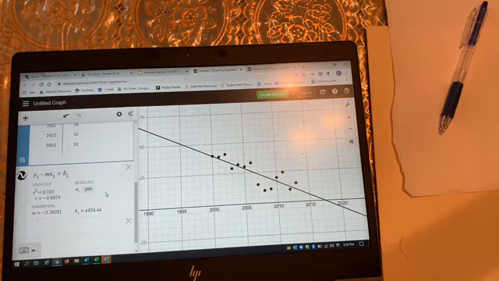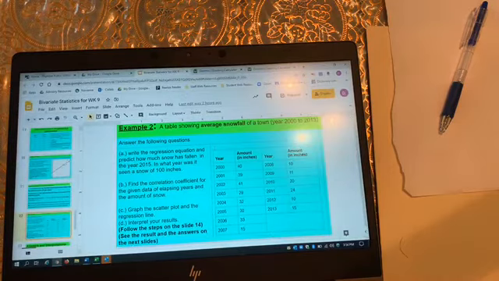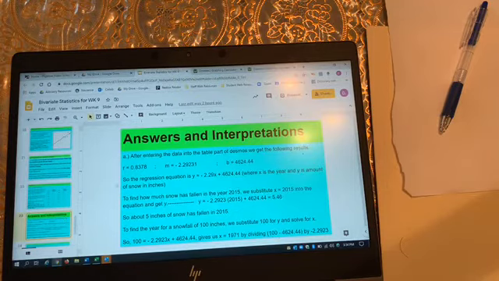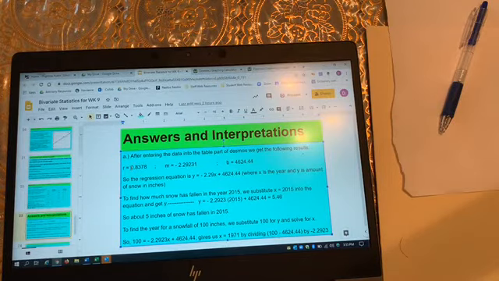So we can write the equation based on this. The answer would be r is negative 0.8378. R is negative, by the way; I forgot to put the negative there.